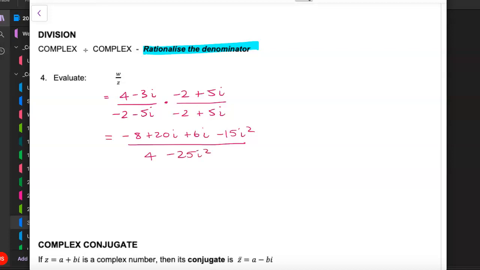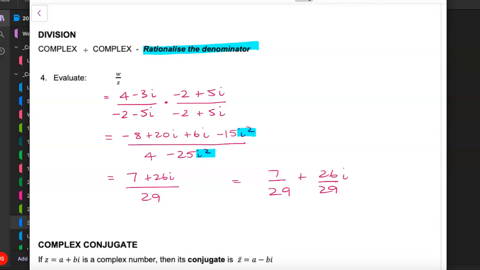So in simplifying this, we can use our knowledge of i squared. We're going to end up with -8 plus 15, that will leave us with 7, plus 26i at the top, and 4 plus 25, which will be 29. So this equates to 7 on 29 plus 26 on 29i. Our real part being 7/29, our imaginary 26/29.